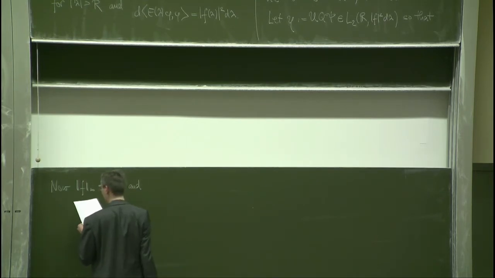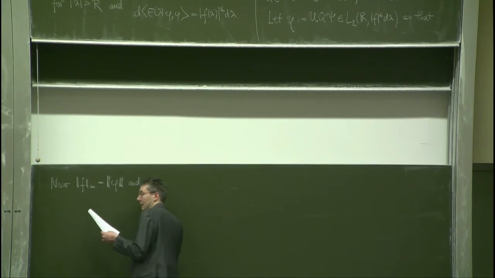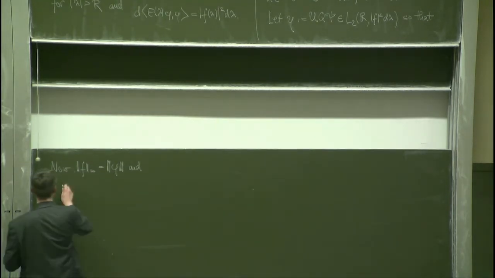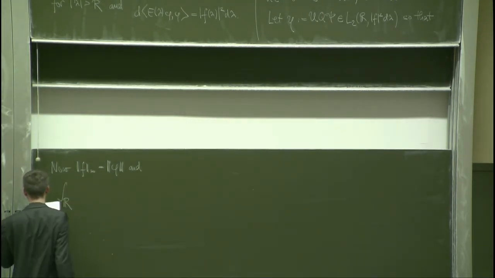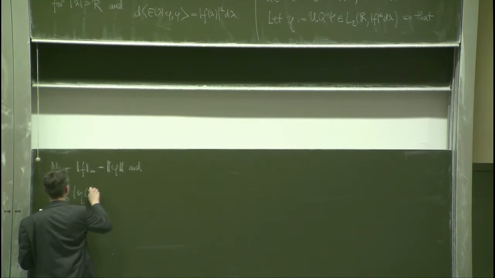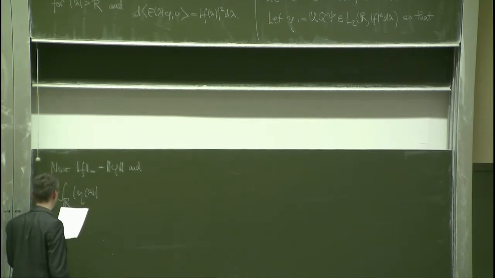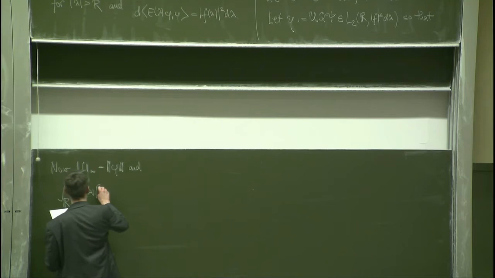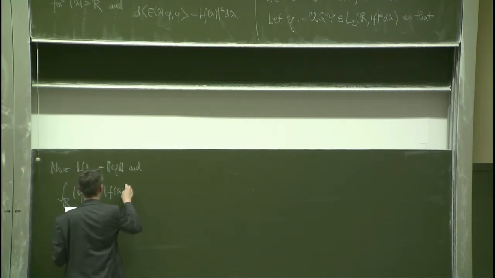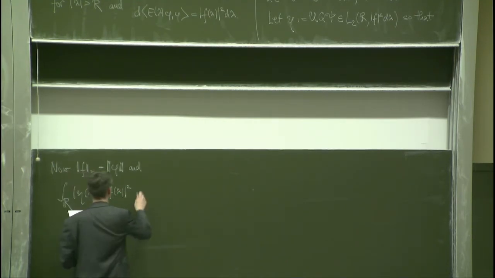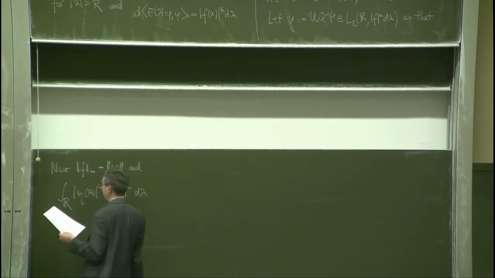And we use that the integral that is remaining here, so the integral over R, absolute value of eta of lambda to the power of 2, absolute value of f of lambda to the power of 2, d lambda, what is this?